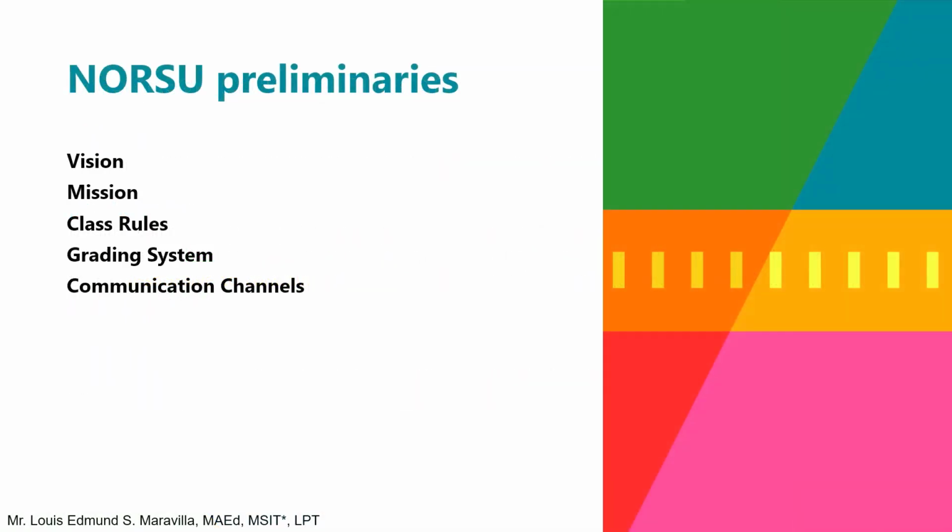Okay. As always with all topics and all subjects under the system, the topics that we're going to be covered before the actual subject matter include the vision and mission of the university, as well as class rules specific to the teacher, in this case mine, and the grading system, which is standardized in the department, as well as communication channels between the teacher and the student, which will be agreed upon as to what would be most convenient for both parties.